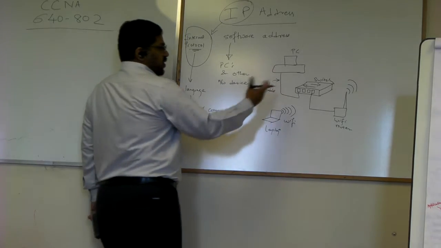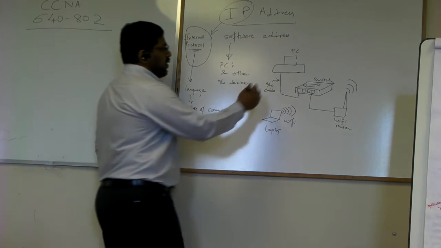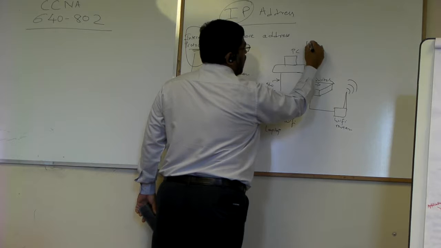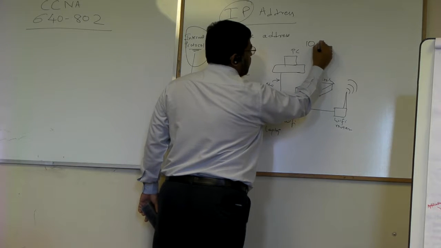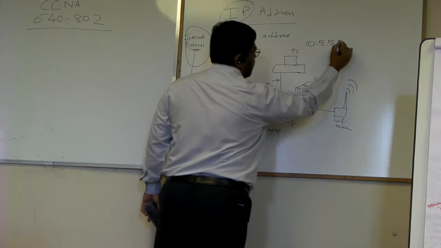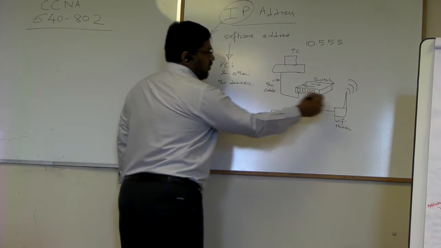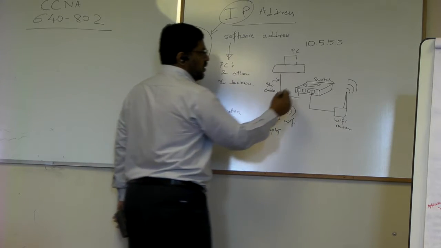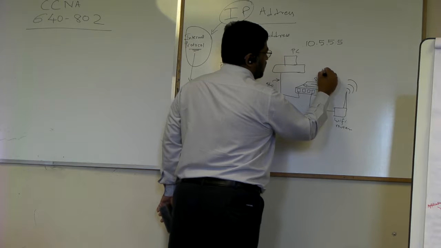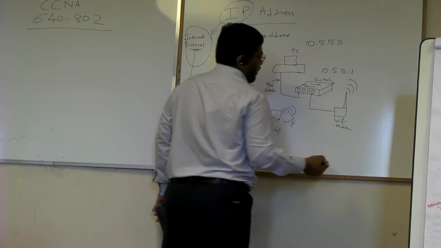Now, in order for them to talk to each other, we give an address. For example, let us assume this has an address of 10.5.5.5. Now we have 4 devices in the network. The switch itself will have an IP address, for example 10.5.5.1.